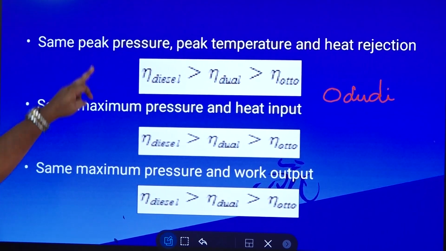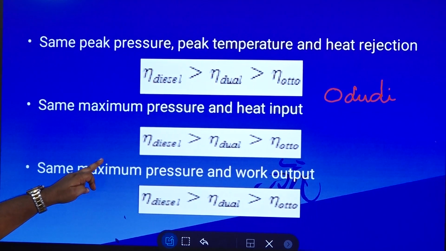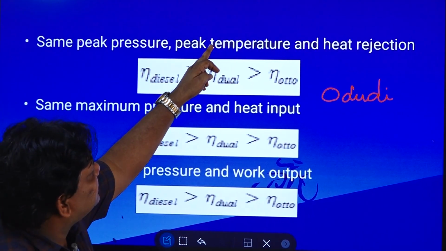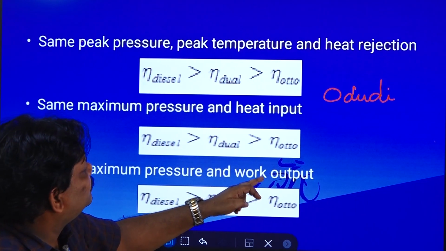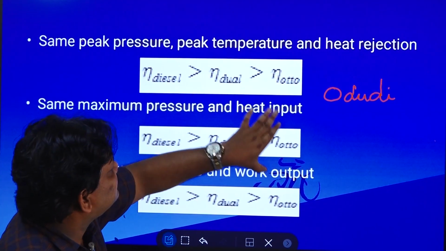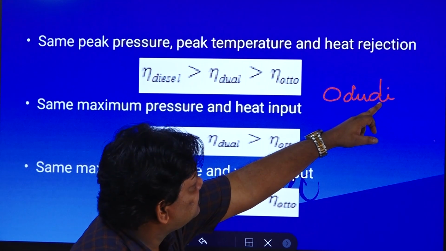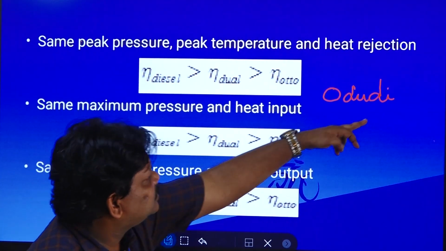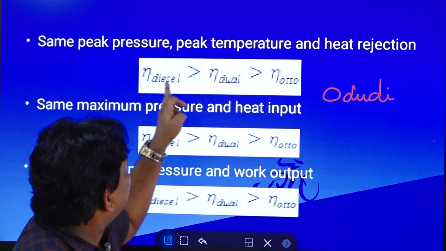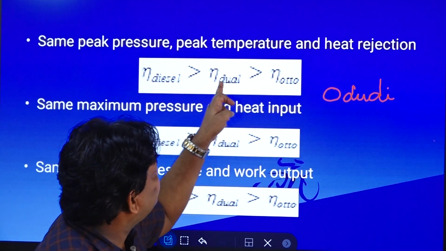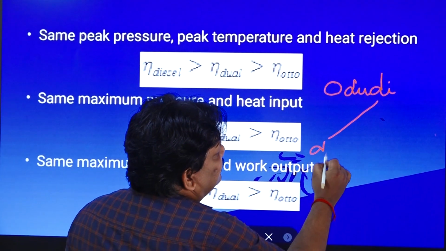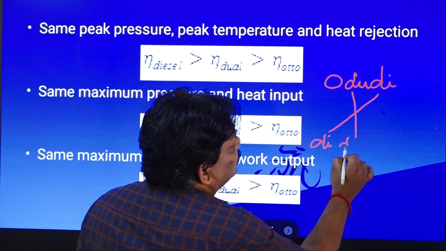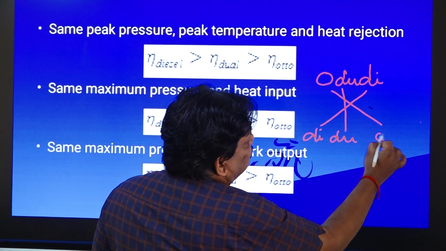So in all these three cases the peak pressure is maximum, and the peak temperature and heat rejection, then heat input and work output. Whatever may be, these conditions are different, but the same has to be used once again. You see here, D, Diesel and Dual and Otto. So simply you write Diesel, Dual and Otto.